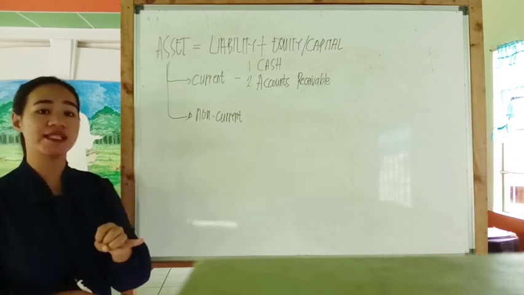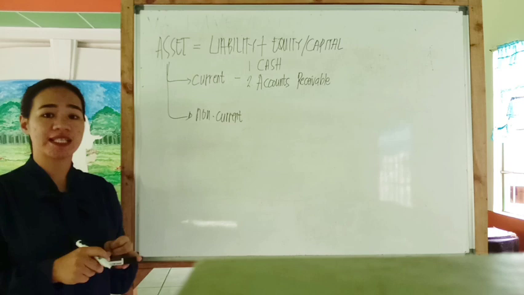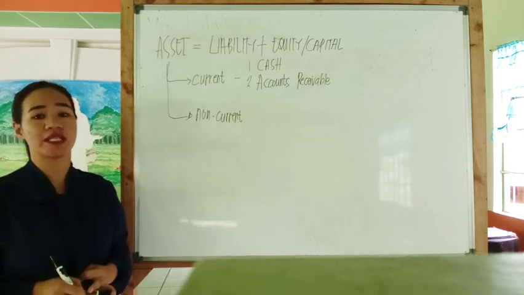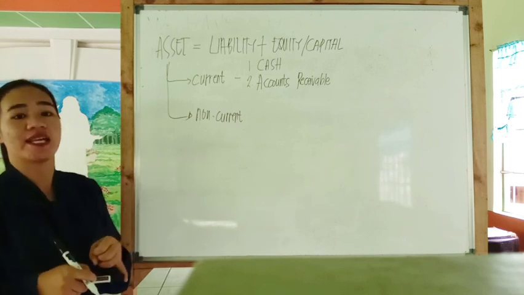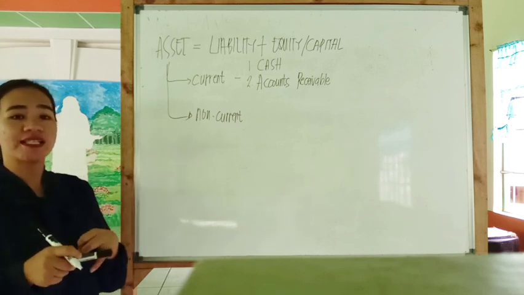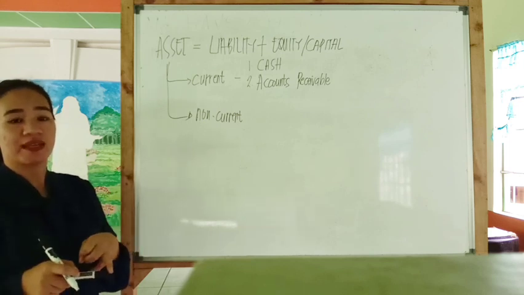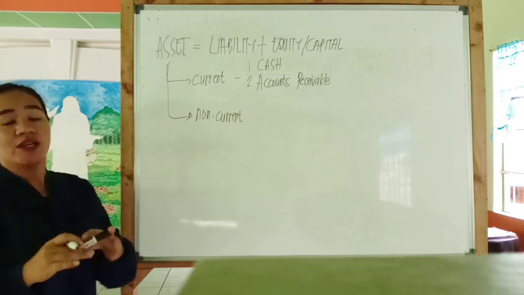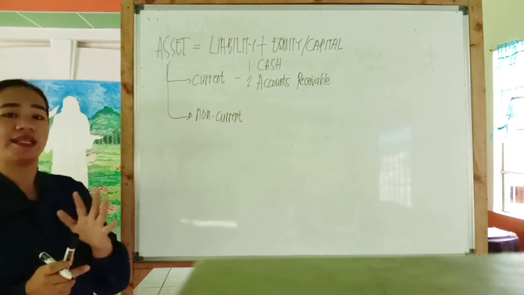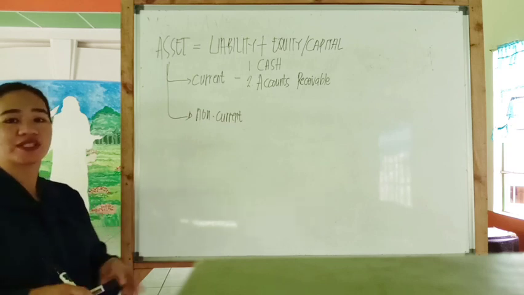First is your service. Second is your merchandise, and then third is your manufacturing. For the service, of course, kumikita ka in rendering your services. And then, for the merchandise, kumikita ka in selling. Nagre-retail ka. In manufacturing, you make your own products and then you sell it. Yun ang difference ng manufacture sa merchandise.